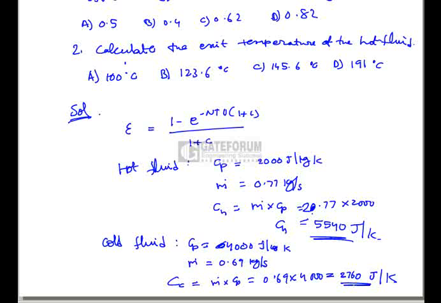So here we'll have to consider first the minimum heat capacity of both the fluids. Here the minimum capacity is for the cold fluid, that is 2760 joule per Kelvin.